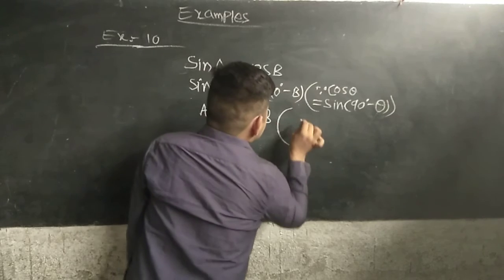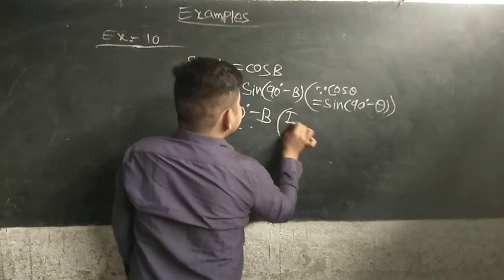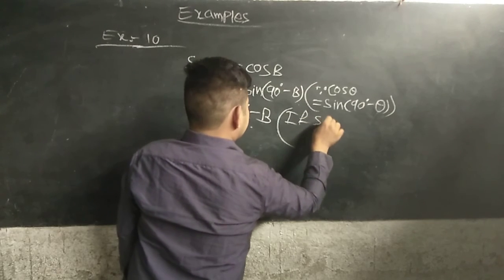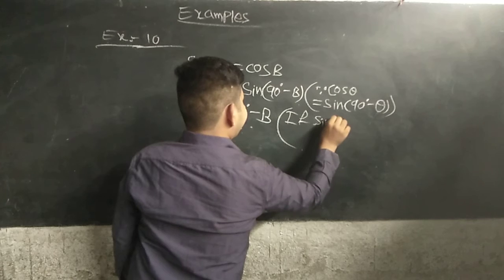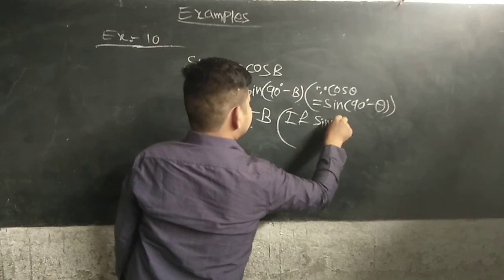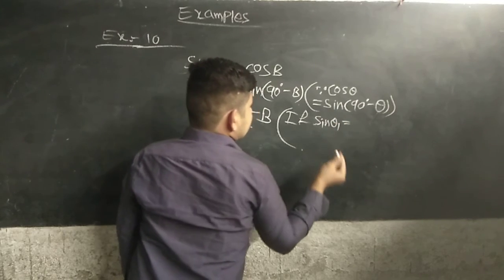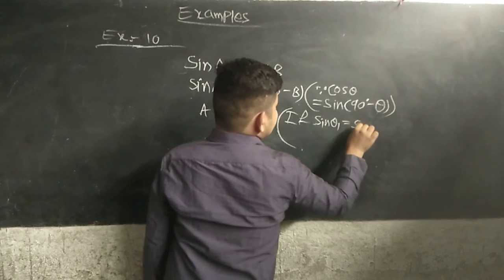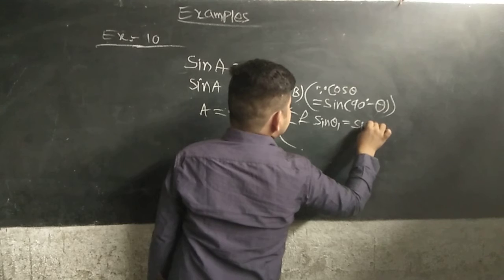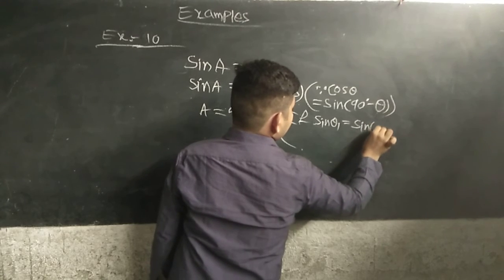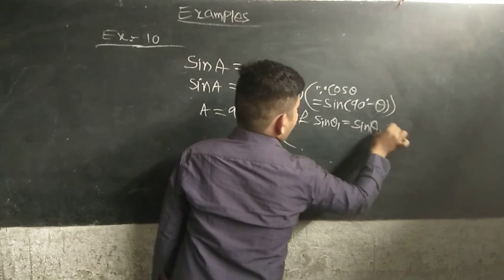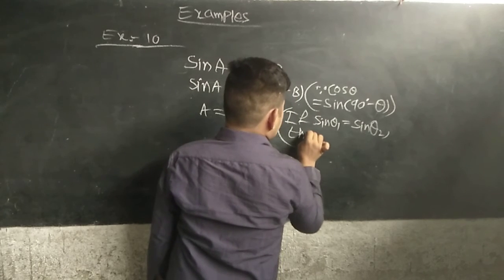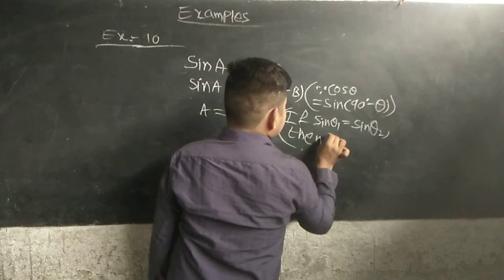If sin theta 1 equals sin theta 2, then theta 1 equals theta 2.